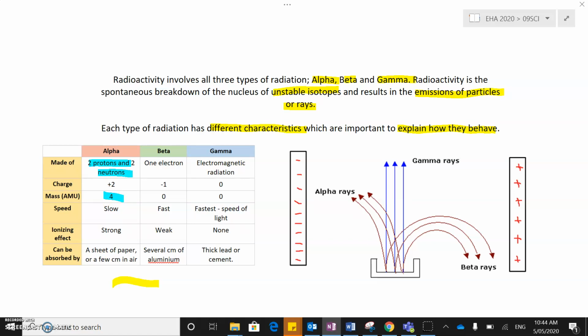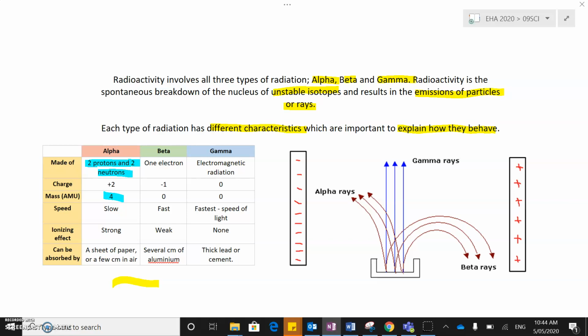Electrons don't have a mass. The only subatomic particles that are counted when we discuss the atomic mass of an element or an atom are the protons and neutrons. Their relative atomic mass is 1. So given that we've got 2 protons and 2 neutrons, each of those is worth 1 mass unit, so 2 plus 2 gives us 4.